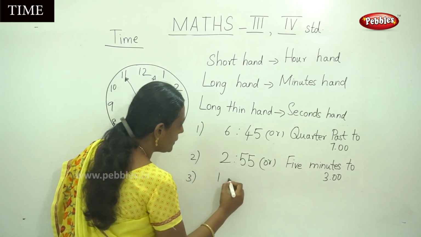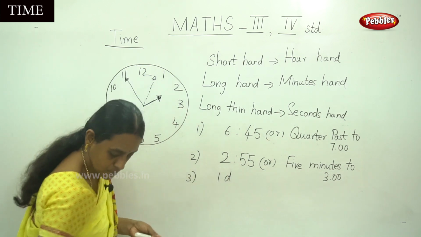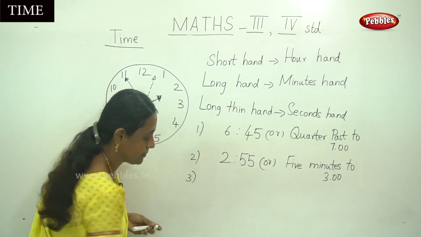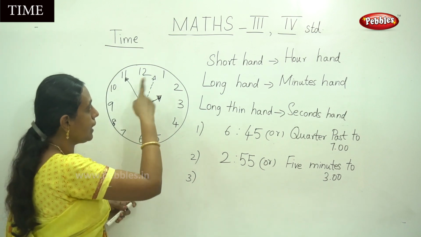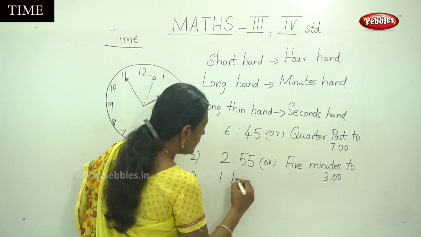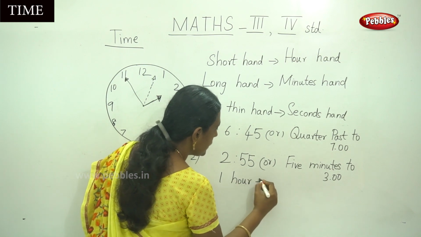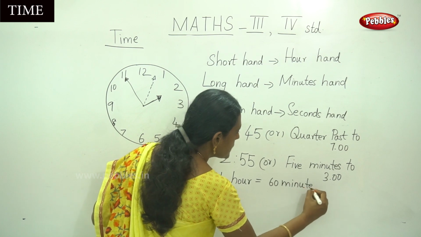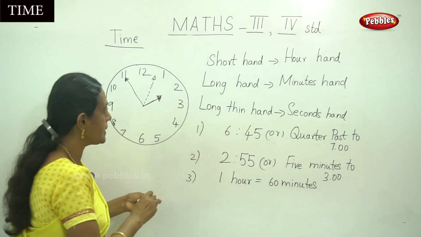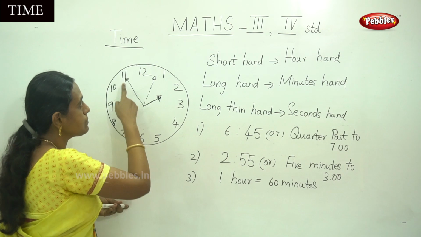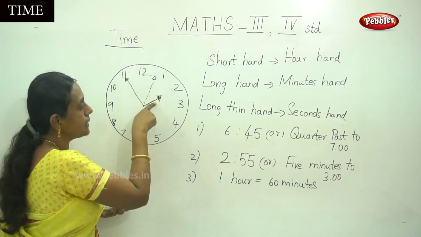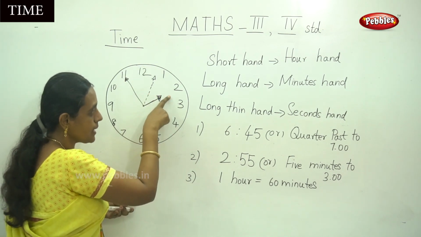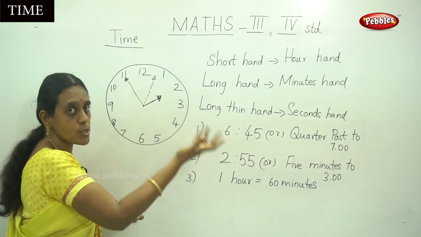Here 1 day. Here 1 hour. 1 hour means 60 minutes. By saying 5, and 55 and 60, the hour moves on to the next hour.